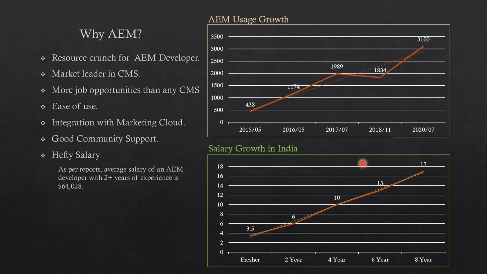3,100K. And salary growth, this is the salary growth I have kept on the lower end. Please mind this. Because if you see the salary of a couple of colleagues who started with me and where they are in 5 years, they had started with 3.5 as a fresher.